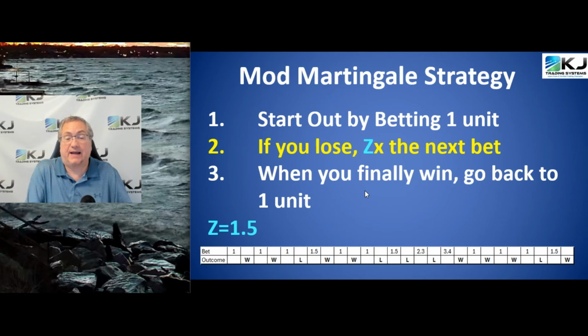So the example down at the bottom has a factor of 1.5, so it's not quite a full martingale. It increases its betting size at a slower rate than you would normally with a traditional martingale.